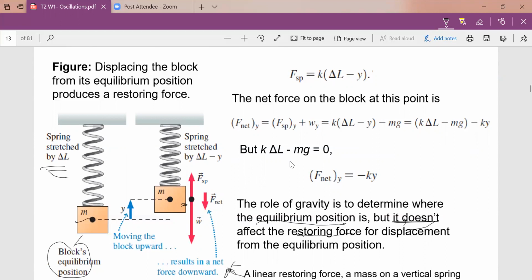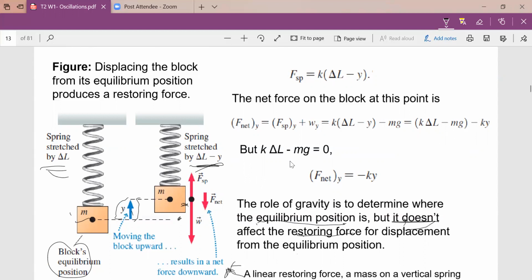When you pull this with a distance or shrink it with a distance y away from this rest position, we will have the new stretch to be changing L, that is this one, minus this. That's where we have this.